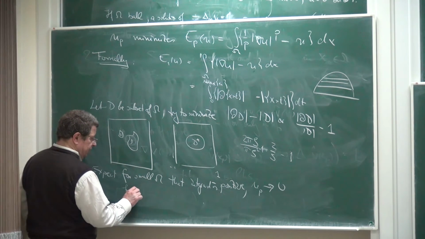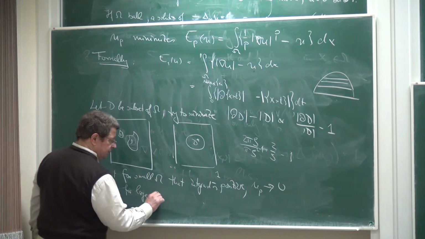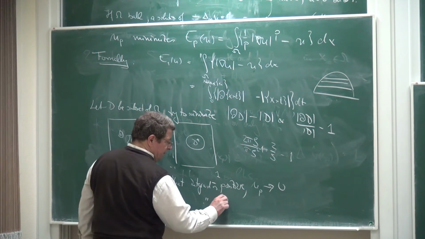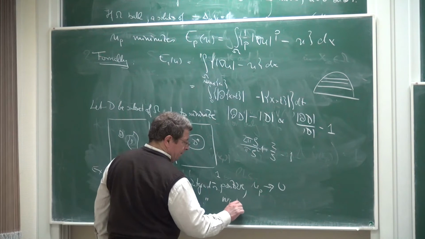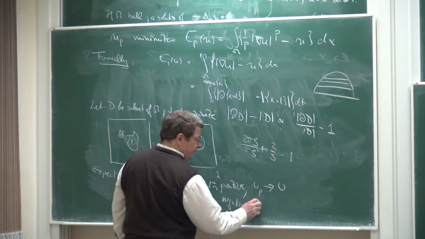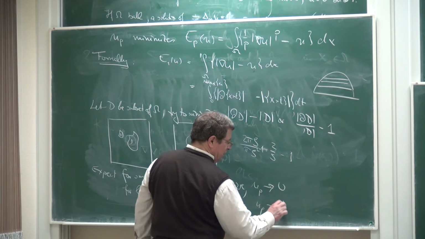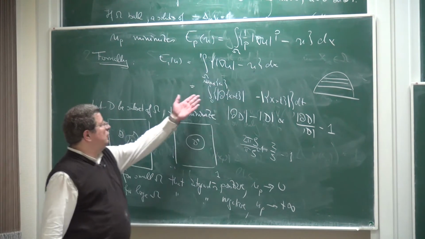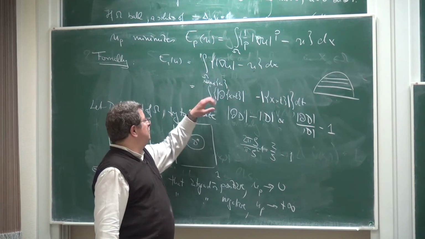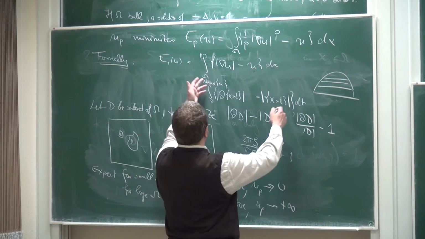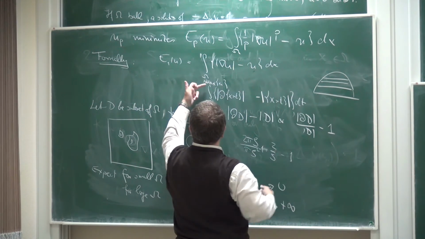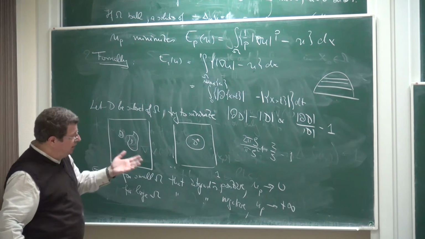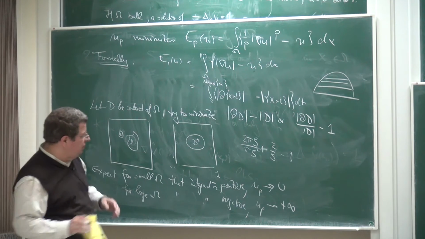For large omega, we expect that the integrand is negative, and that means that UP will go to plus infinity, because to make this minimal, we have a negative integrand, then it will be good to have the maximum of u very large. And there's an in-between situation.